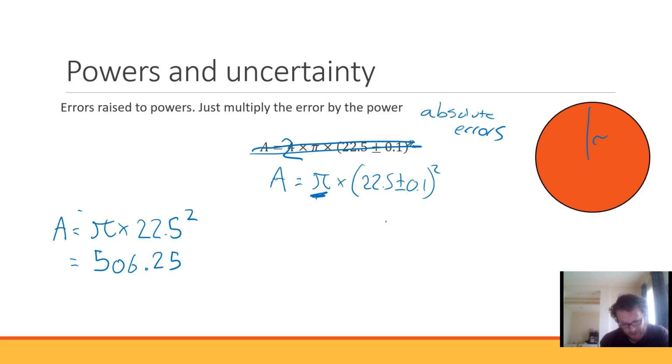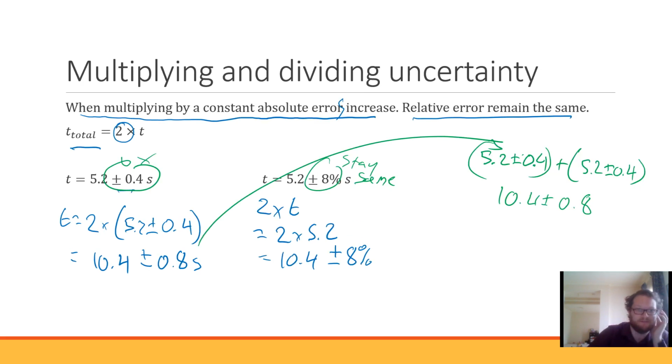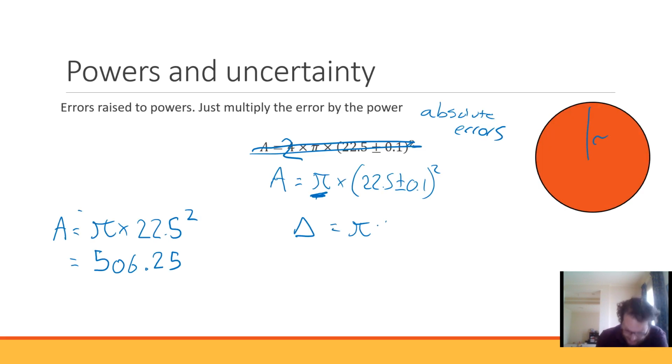Cool. Okay, so what about the errors? How do we deal with the errors? For the errors, we've got to go pi, because again we're multiplying by an uncertainty, so we've got to remember to also multiply by the error. So in this case, pi times, because it's raised to a power of 2, times 0.1.